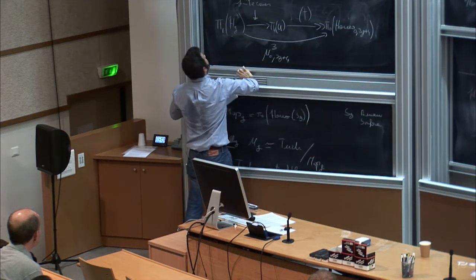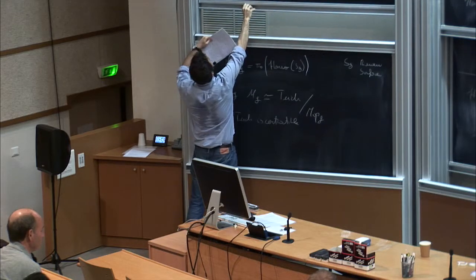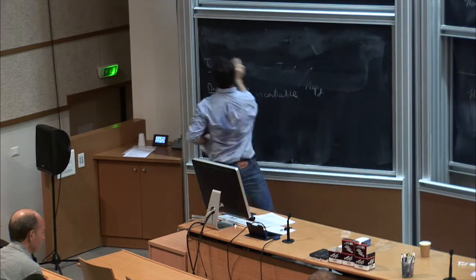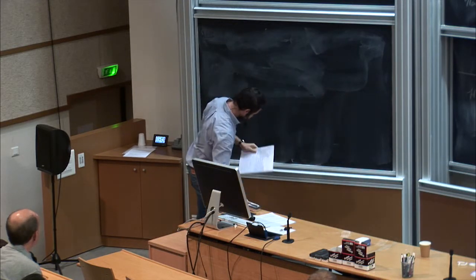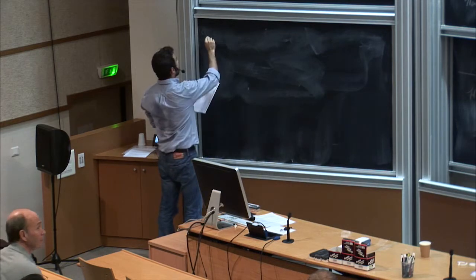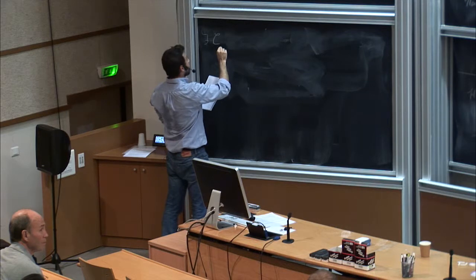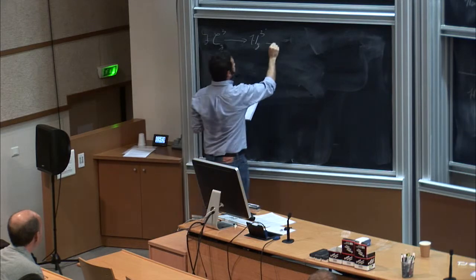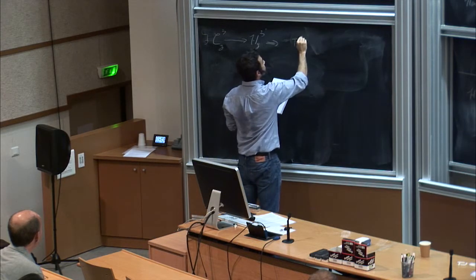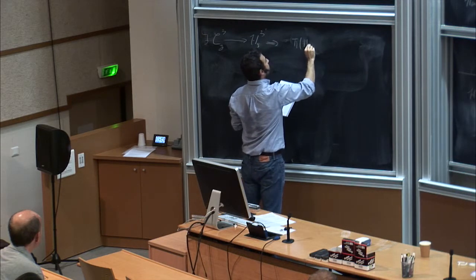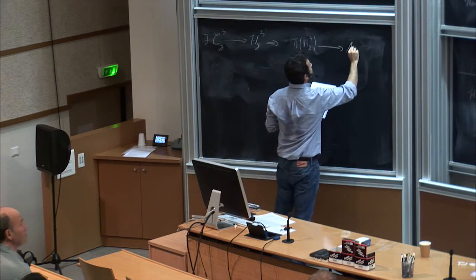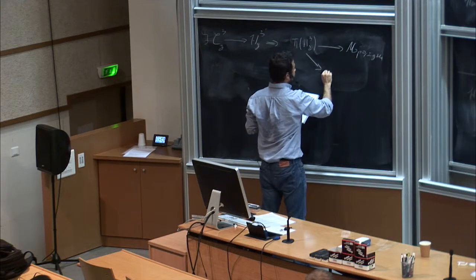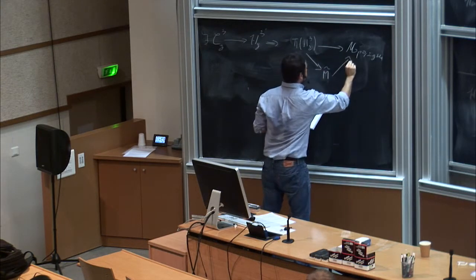That is due to the fact that the Hurwitz space itself carries a universal family. So there exists a universal family C_{g,3} over H_{g,3}, and the existence of such a family basically implies that the map above factors through M tilde.